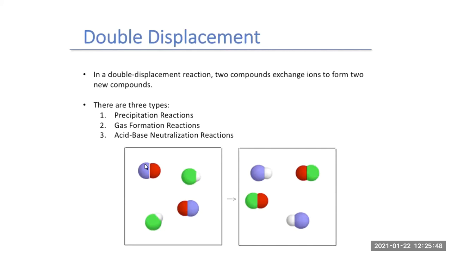And you can see what happens if we have our purple and our red, and our green and our white. What's going to happen is they're going to switch partners. So now we have purple and white and red and green. So since we had 2 partners switch, that's why it's a double displacement.